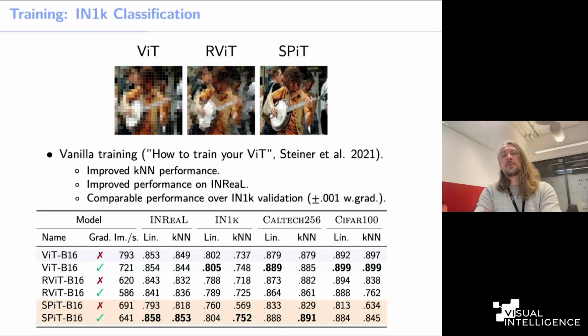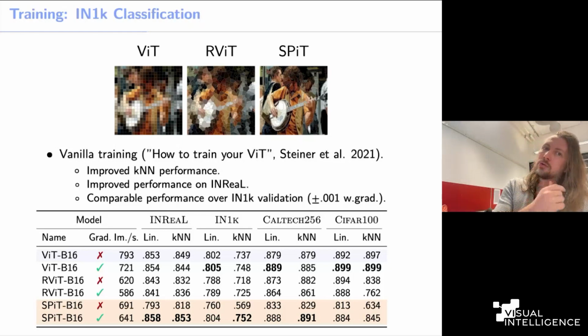For those RViT models, every time you want to tokenize an image, it generates a random tessellation of the image, which has nothing to do with the image content, but this gives you these irregular, or somewhat irregular, regions. And then on the right, we have our SPiT model. So this image shows how it is tokenized by three different tokenizers.